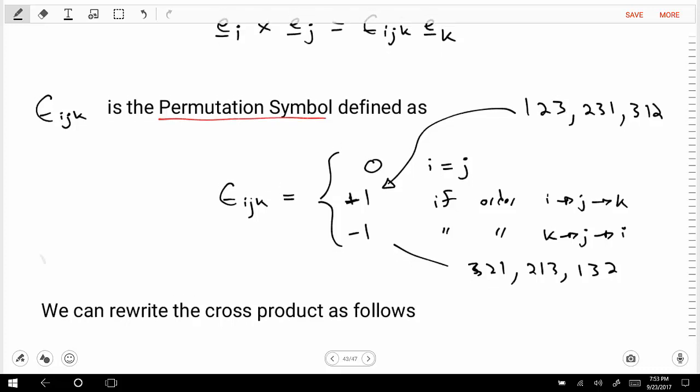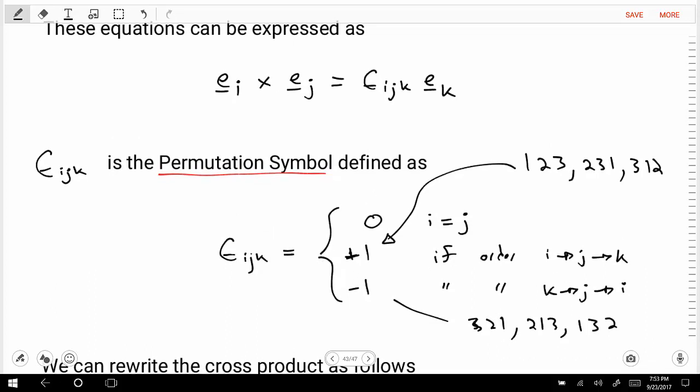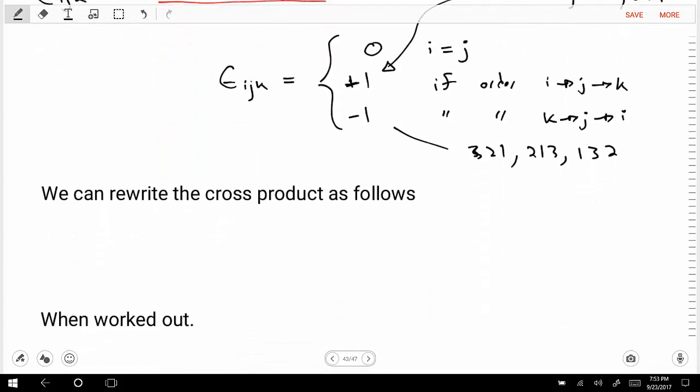So with this knowledge of the permutation symbol, which can tell us what happens with our cross product based on the indices, we can redefine the solution of our cross product with a vector W in component notation.